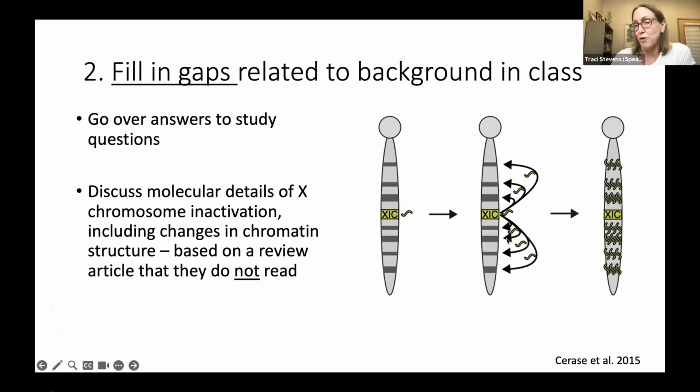But this is a figure from that review that I actually show in class, showing that there is a gene here in the X chromosome inactivation center that expresses non-coding RNAs that bind to the X chromosome and condense the chromatin in that region. So that's what they get ahead of time.